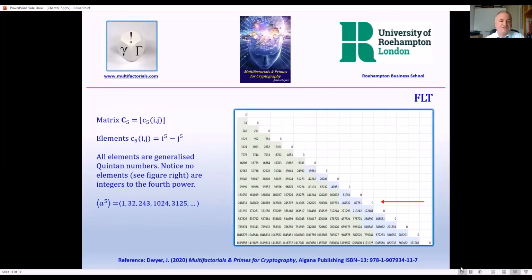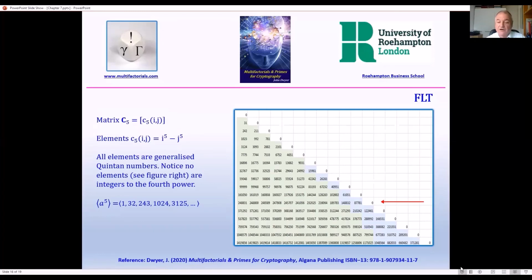Last one, C5, where n equals 5. We have two elements that are less than the previously found integer to the power 5. 161051 was that number. So in this case, we have 87781, 148832, and they are both less than that previously found integer to the power 5.